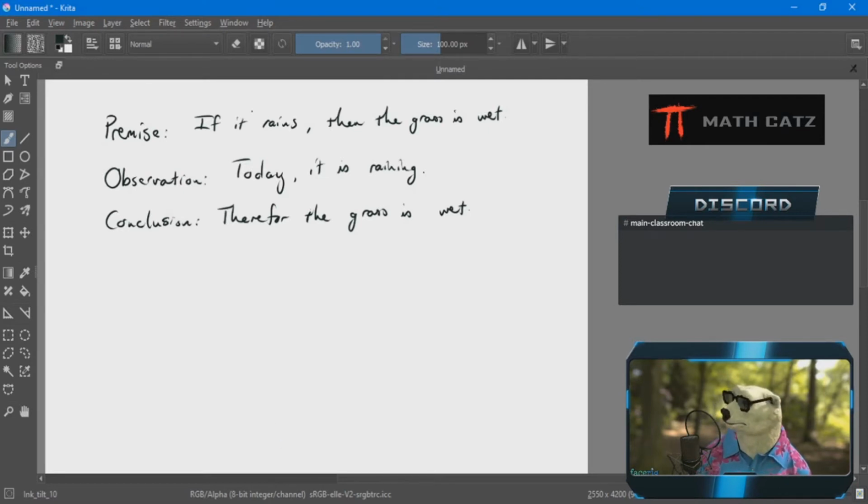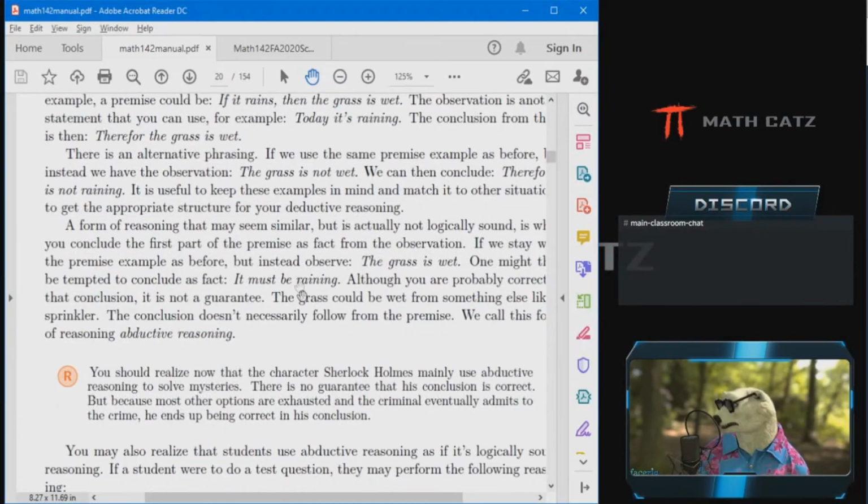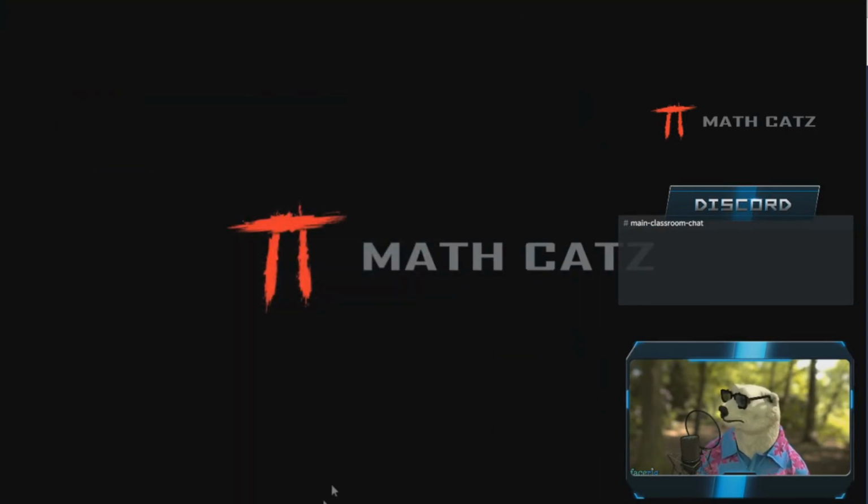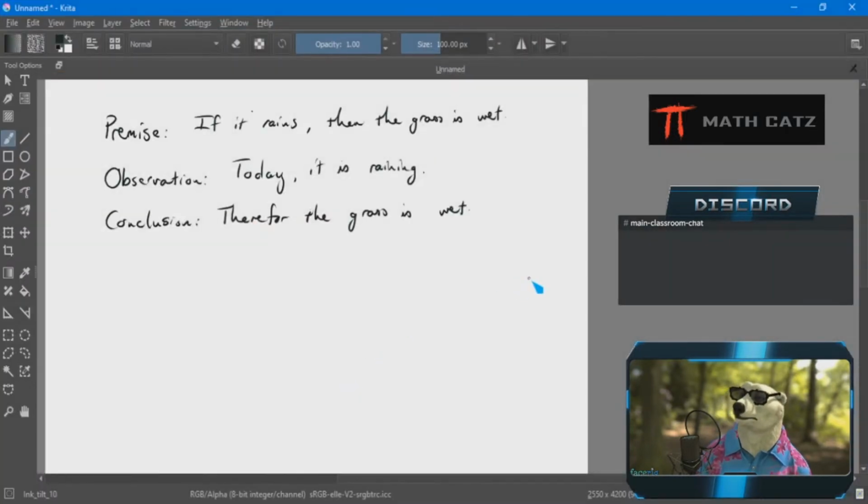And of course, this is all in the book. I'm just not copying the book word for word here. But it is all there if you want to read it in slightly different words. It's all the same. Okay. So this is perfectly fine.